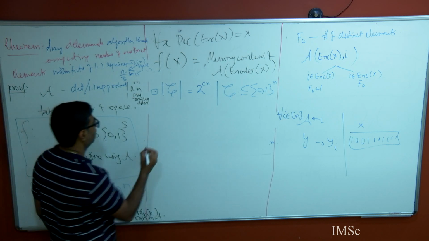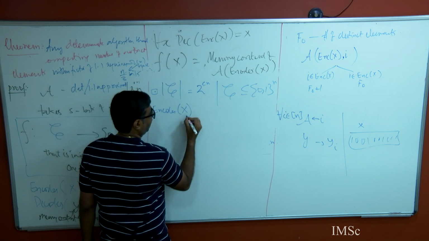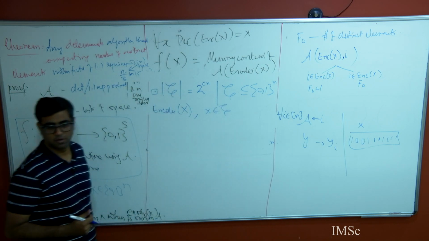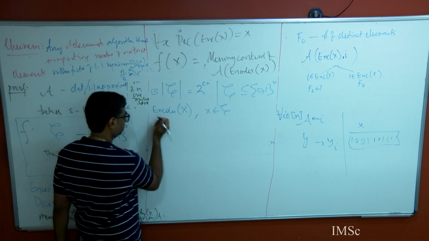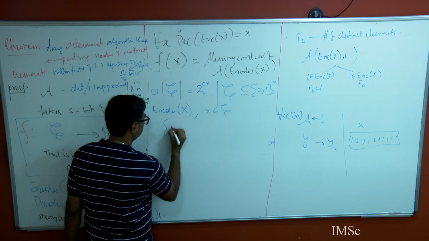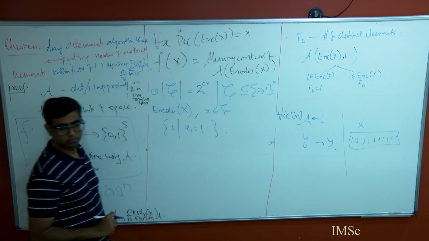And the encoder of x in C is the same as before, that is, the number of places i where x_i is 1.